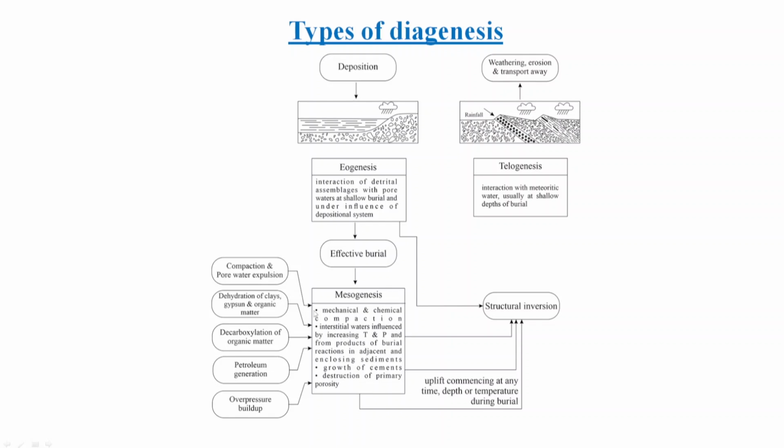Here there are other processes that contribute to mesogenesis, or mesodiagenesis: compaction, pore water expulsion, dehydration of clays, then decarboxylation of organic matter, and some petroleum generation due to the burial and increasing temperature and pressure conditions. The growth of cements, as well as primary cementation, will take place at this stage, but later on some other later cementation will take place.